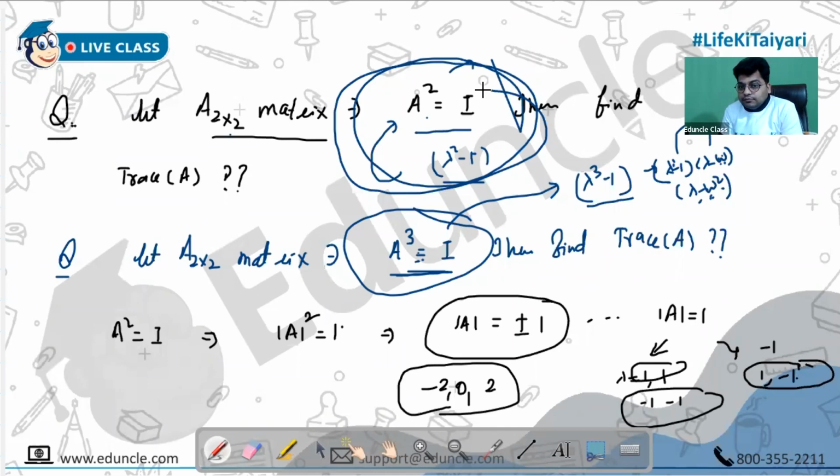Is what I said clear? So in this case, the answer is 0 only, because this is the characteristic polynomial. Once you get the characteristic equation, you can say this is the answer. But in this case, you cannot say.